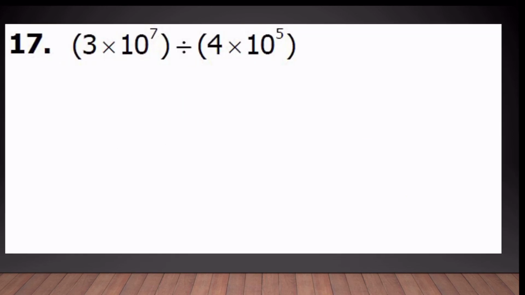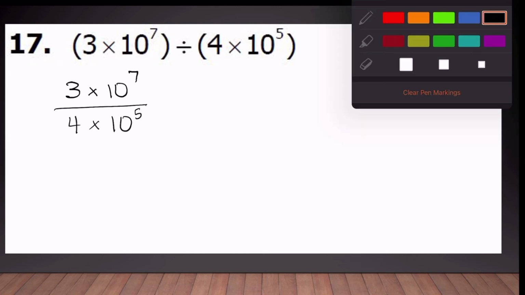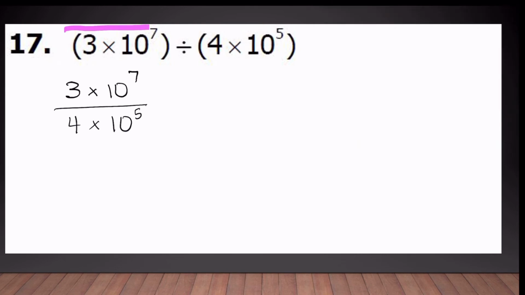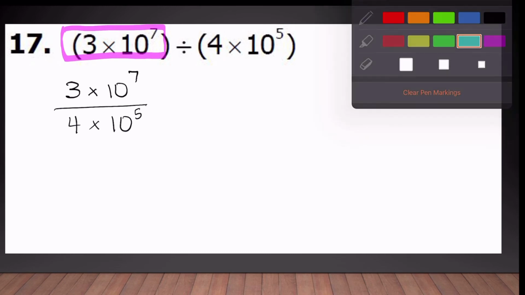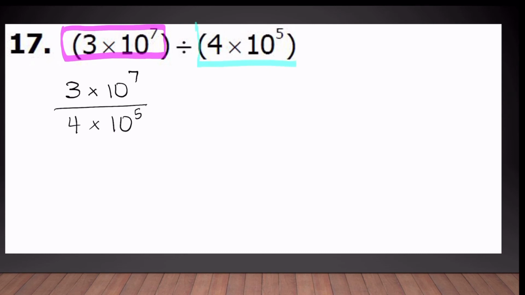So I think most of you do better when you see something written in this form. This is what it means, okay? It's always going to be your number on top is what comes first, okay? And then we have your number on the bottom comes second.